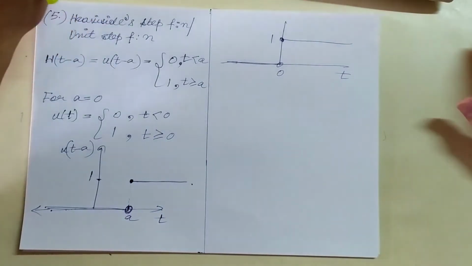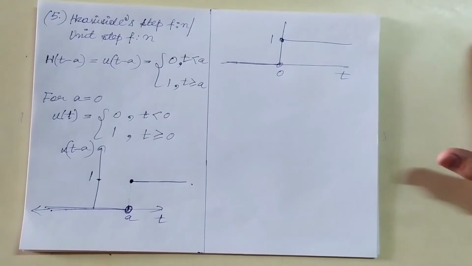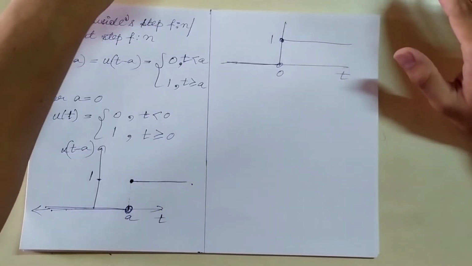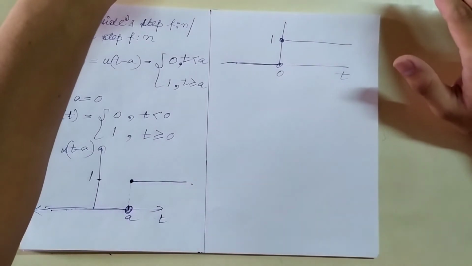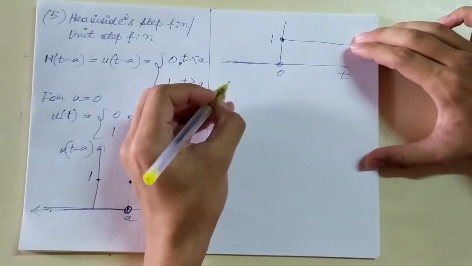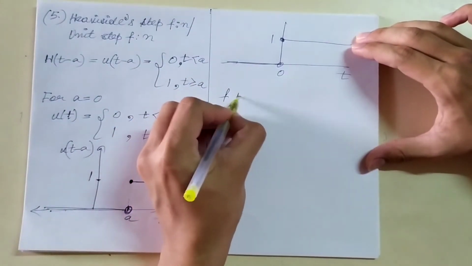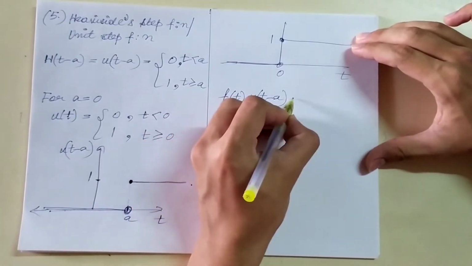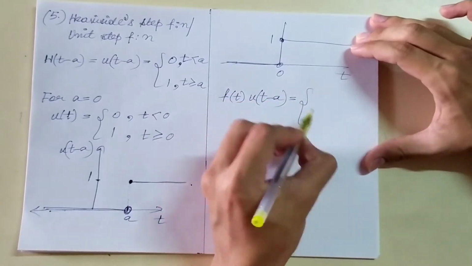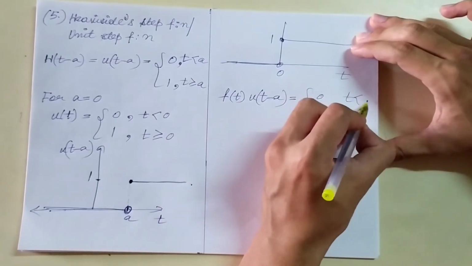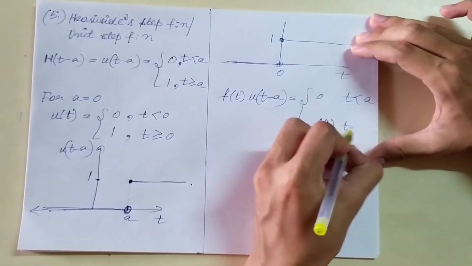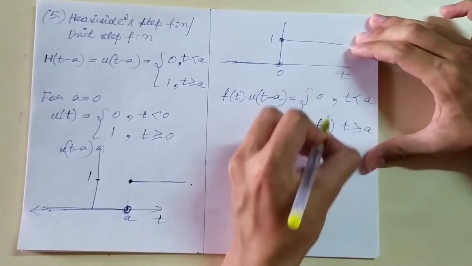Now an important property regarding this function should be noted. The product function f(t) into u(t minus a) takes the value 0 for t less than a and f(t) for t greater than or equal to a.